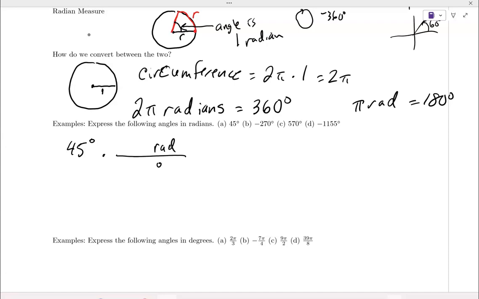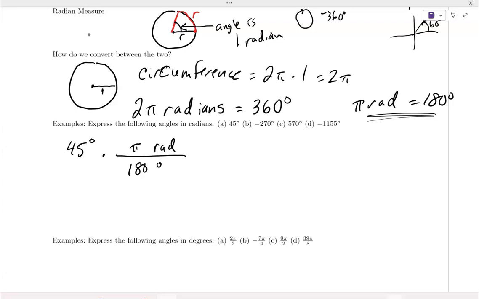I want the degrees on bottom, the radians on top. Well, we just said the conversion's this one, right? We want pi radians on top and 180 degrees on bottom. Notice that I'm multiplying by 1. Those two things are equal to each other, aren't they? Pi radians and 180 degrees are the same thing from a measure perspective. I'm multiplying by 1, so I haven't changed anything. I'm just changing the unit.